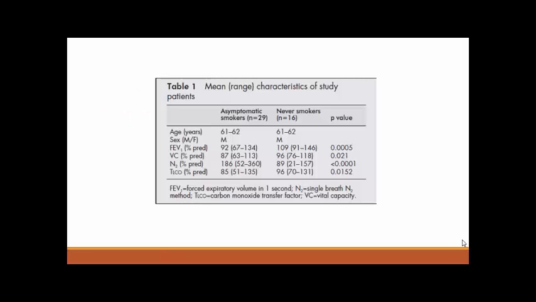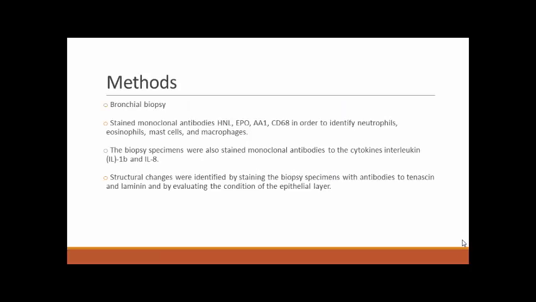Looking over here, the asymptomatic smokers group had 29 subjects. The never smokers were 16 subjects. Both groups had similar age, 61 to 62 years old, and they were all men. The PFTs were normal for those two groups.